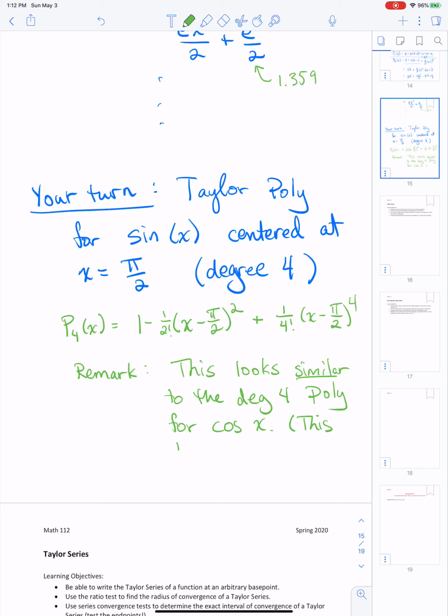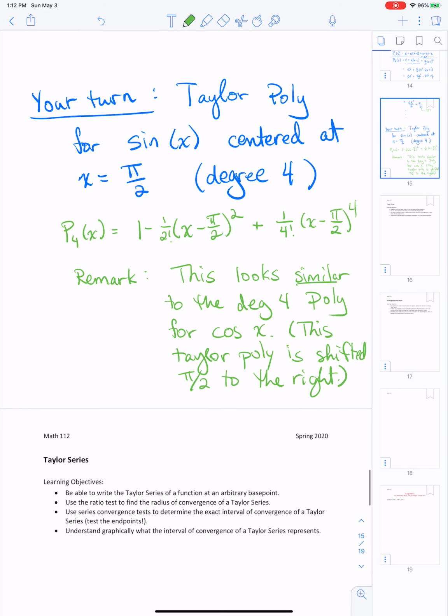This Taylor polynomial is shifted by pi over 2 to the right. And I'll just comment that that's not an accident, because as you know, sine of x is cosine of x shifted by pi over 2 to the right.